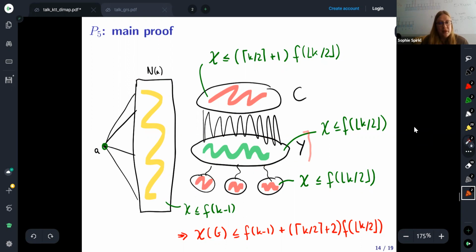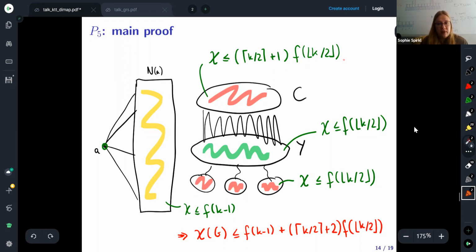Namely, we wanted a component C of chromatic number at least f of k over 2, which was complete to it. And we wanted Y to be maximal with that property. So what do we know about C? Well, we proved on the previous slide its chromatic number is at most S.